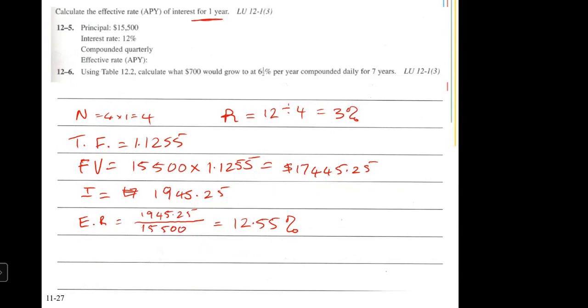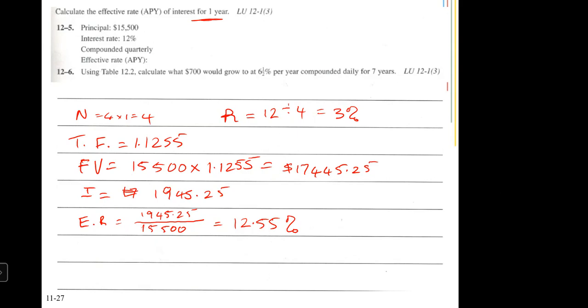If you only compounded once a year, which is annually, then your effective rate would be the same as your stated rate. But because you're compounding 4 times a year, you get the benefit of that multiple compounding because you're adding interest 4 times to your principal. So you end up with a better return on your investment. Okay, so the more frequently we compound, the better the effective rate is.